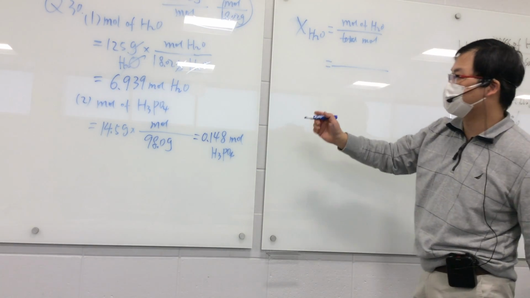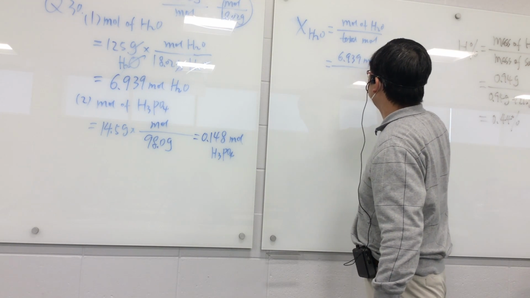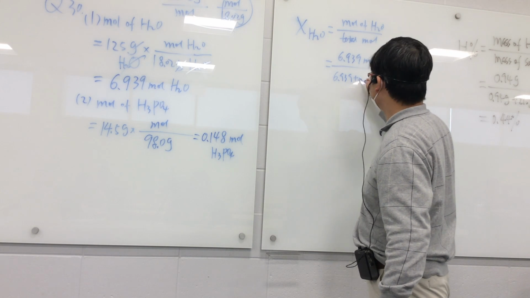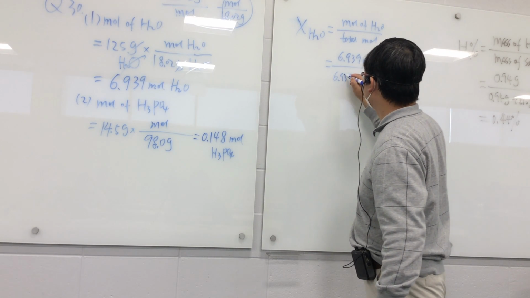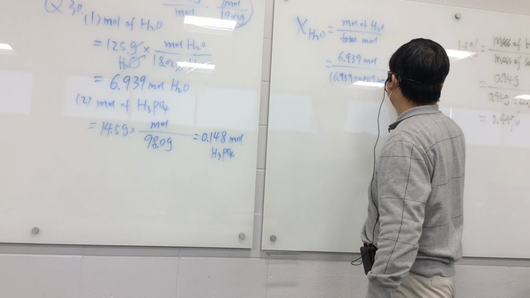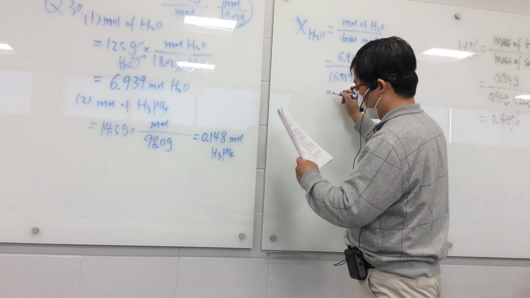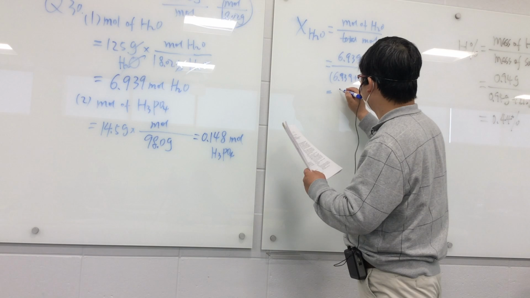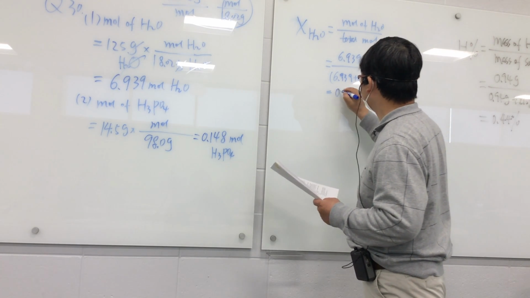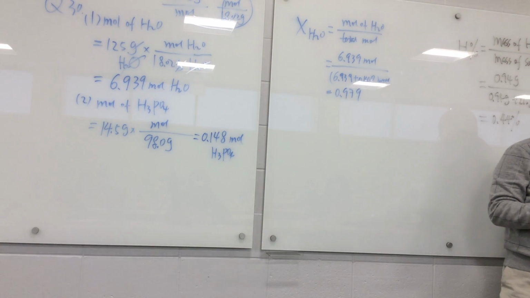Mole of water equals 6.93 mole divided by 6.9 plus 0.18. I think mole fraction does not have to be percent. 0.979.